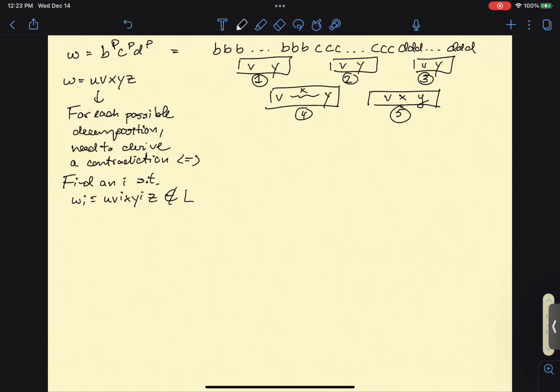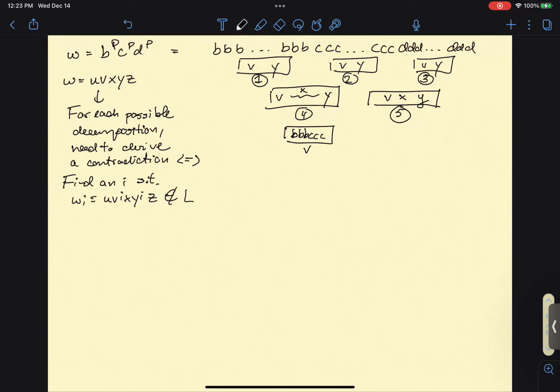Yeah, very good. The other case, and these cases are all equivalent, is that V is on the border of the B's and C's. So it's not just V in the B's and Y in the C's; V ranges across both.